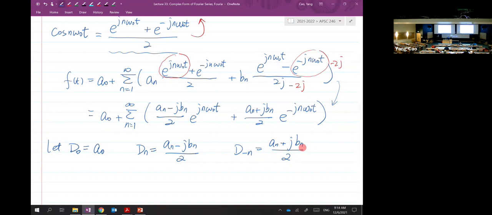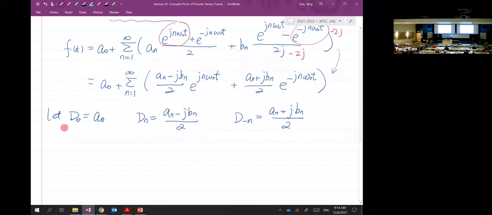Good. All right. So based on this definition, this newly defined symbol right here, this f of t that we have just derived can be rewritten for this expression. First, a naught becomes d naught.